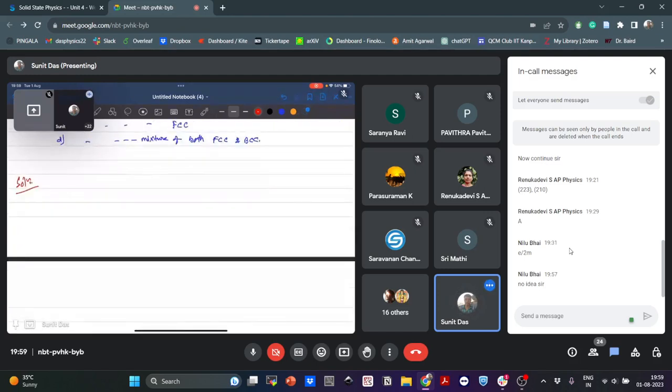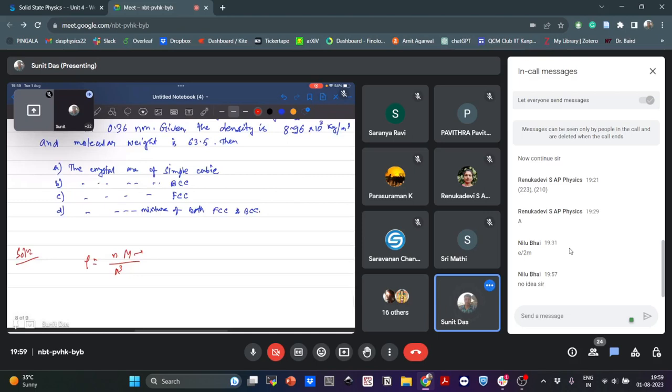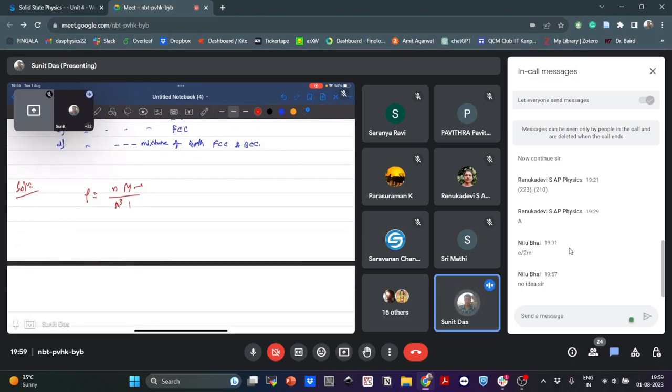So we know the density formula is given by rho = n M / (a cubed N_A), where n is the number of atoms per unit cell, M is the molecular weight, a cubed is the cell volume since all are cubic crystals, and N_A is the Avogadro number.